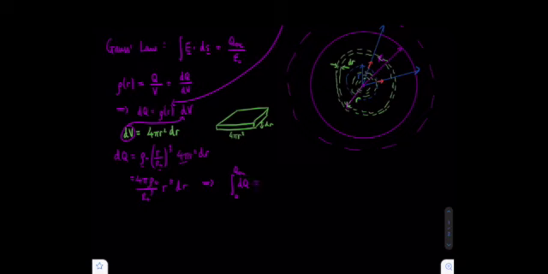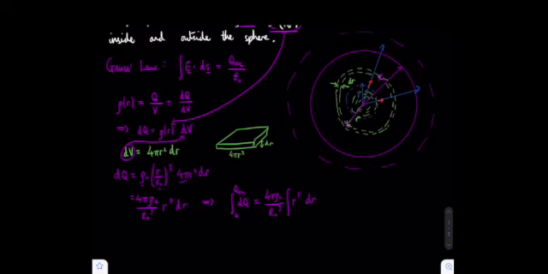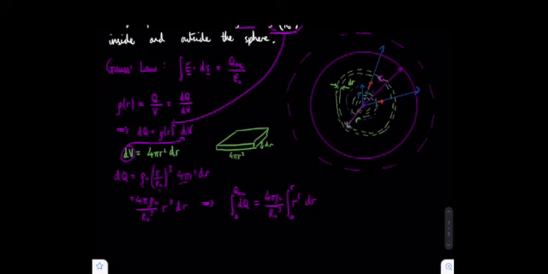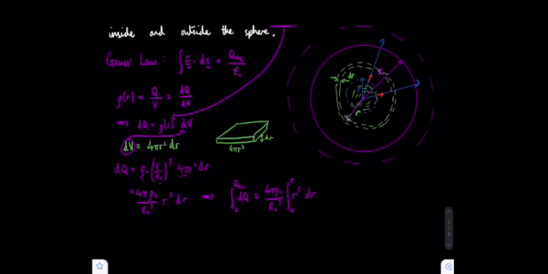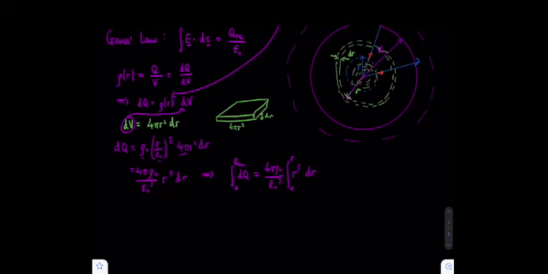And that is equal to, let's keep the constants out, 4 pi ρ0 over r0 cubed, integral of r cubed dr, from 0 to some distance r away. Let's call this a dummy variable r dash, because people like to do that, and there are reasons for that, which I still do not understand. Let's keep going.